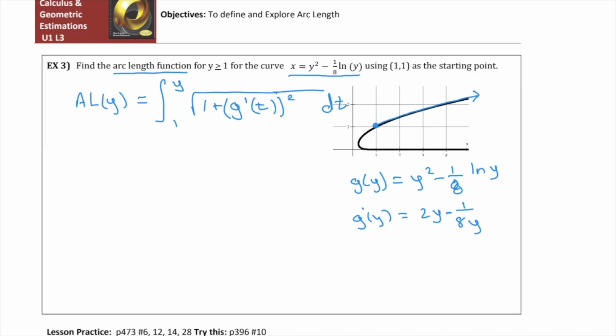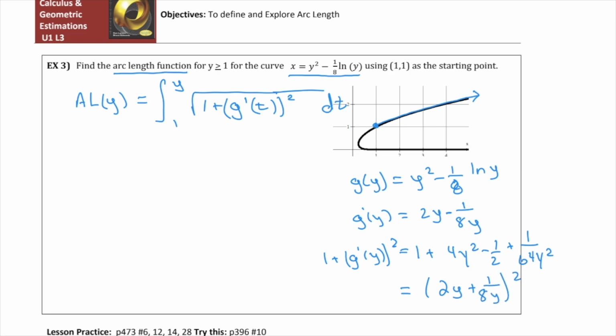And when we square it and add 1, we're going to get 1 plus g prime of y squared is equal to 1 plus 4y squared, once you multiply it out, minus 1/2 plus 1 over 64 y to the second power. Clean this up a bit more, add like terms, and you will end up with 2y plus 1 over 8y quantity squared.